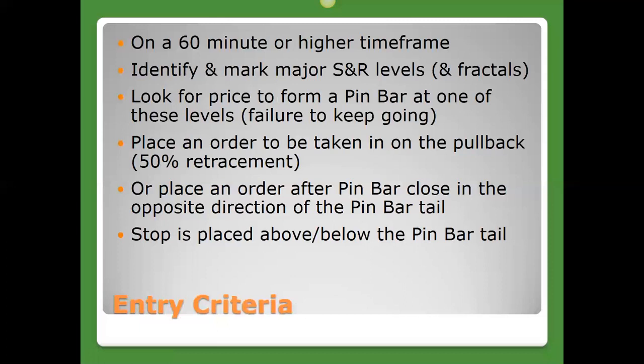Once the pin bar is formed, you take a trade in the opposite direction of the tail. Wherever your tail is pointing, if the tail is to the upside, you're looking for a short entry, so you're looking to sell, and if the tail is at the bottom, you're looking for a long entry.